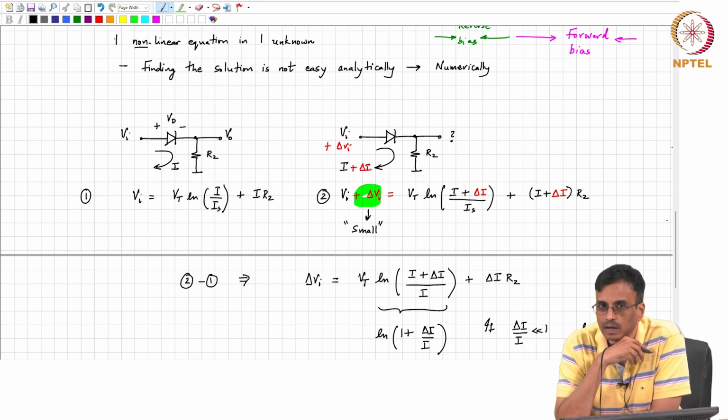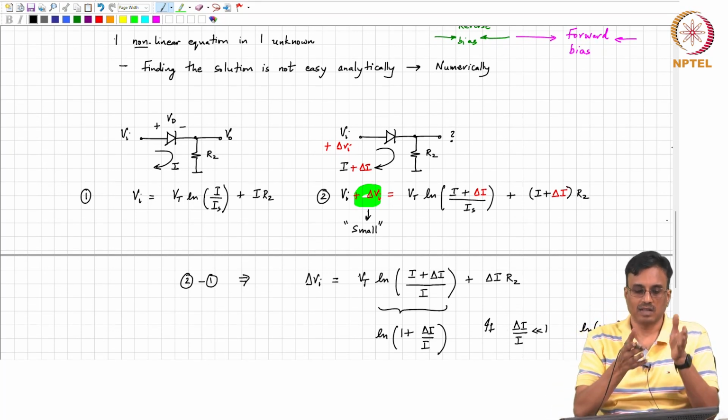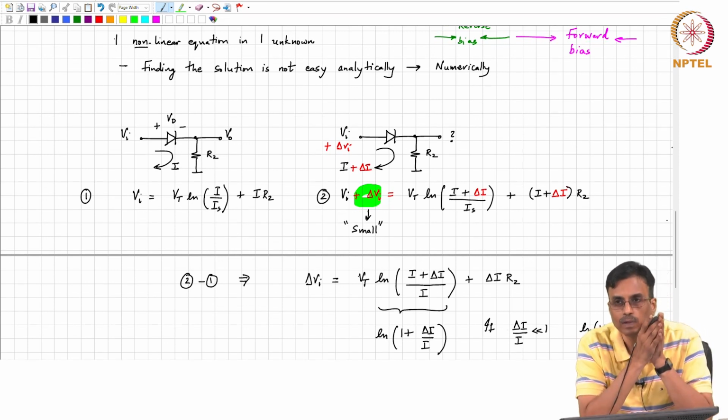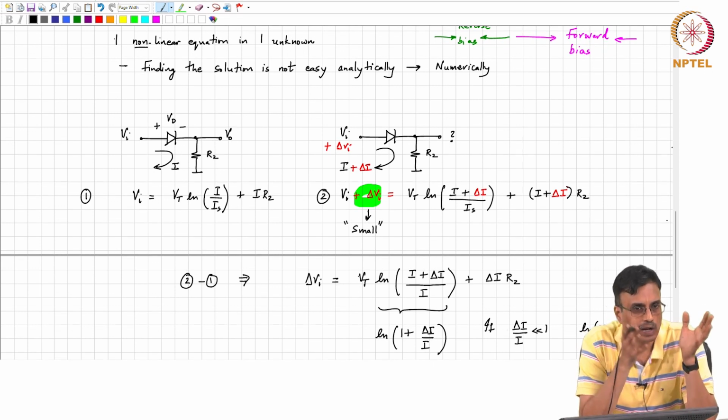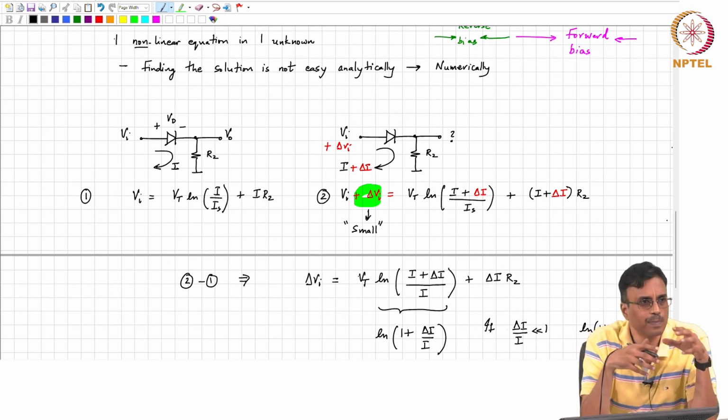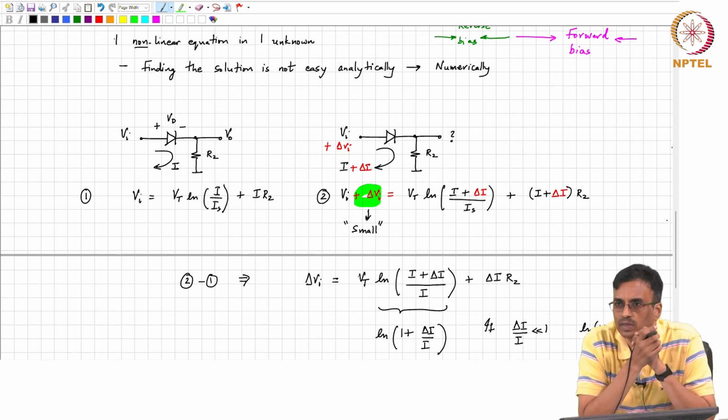Okay. And you can imagine that even with this simple example we found that we had to solve a nonlinear equation in one variable. Now you can imagine what happens if you have, say, a network with, I don't know, 10 nodes and multiple nonlinear elements.